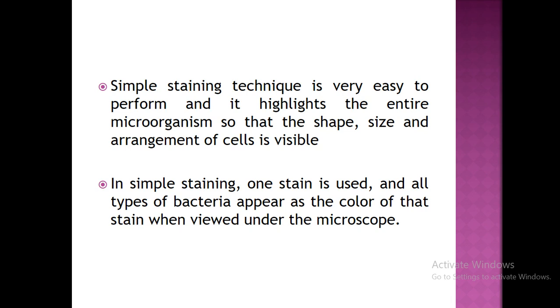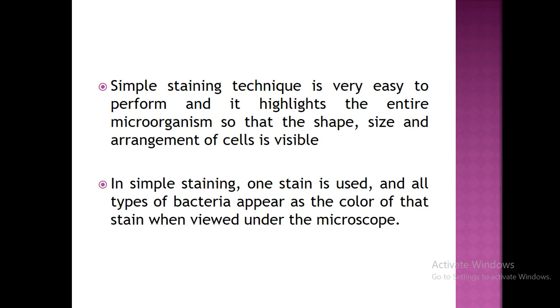In simple staining, one stain is used and all types of bacteria appear as the color of that stain when viewed under the microscope. This is a very important concept. A single stain is used and the color of this stain will be the color of the bacterial cell. Suppose a blue colored stain is used.